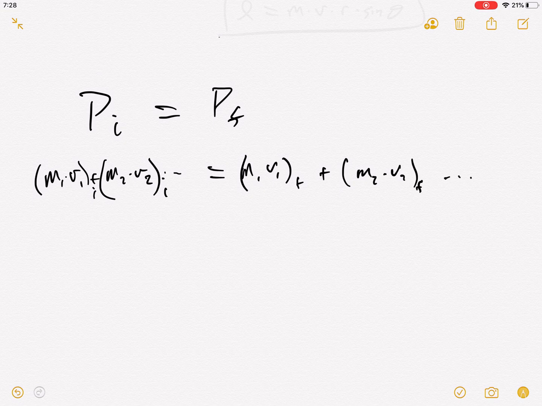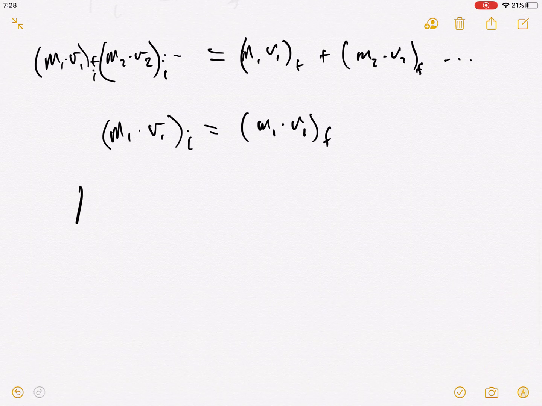If we only had one object, this was really boring. m1v1 initial equals m1v1 final. This is really boring because the mass initial and final are presumably the same, so the velocities are exactly the same.